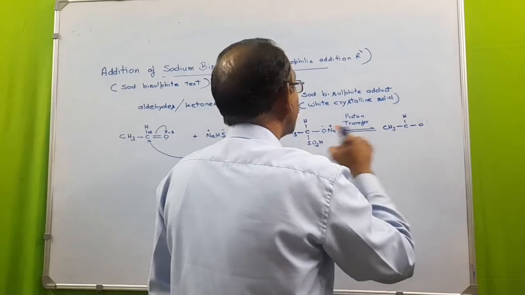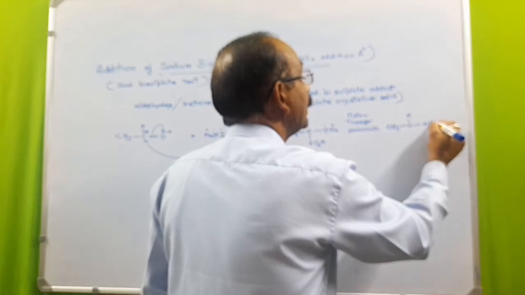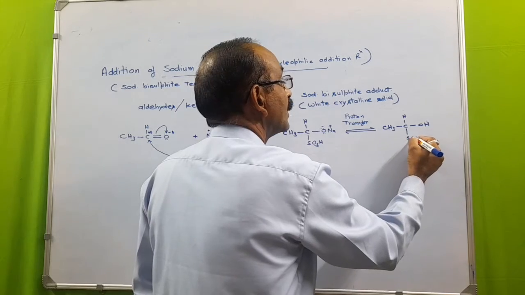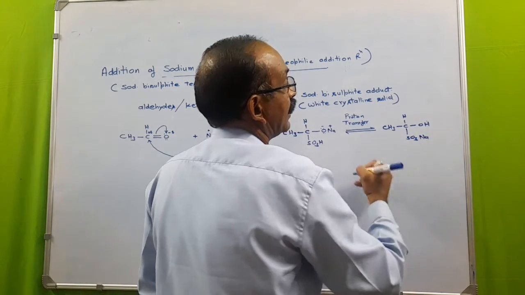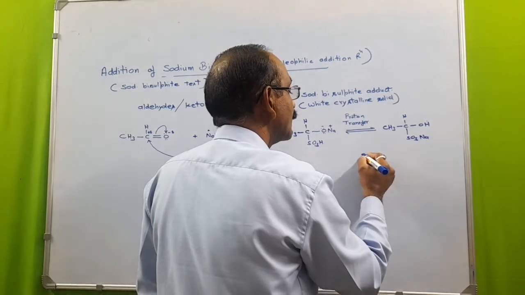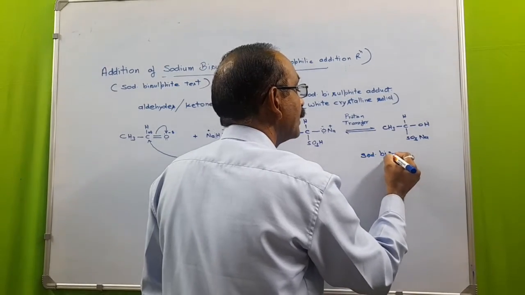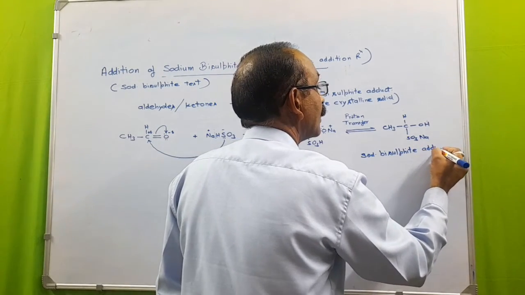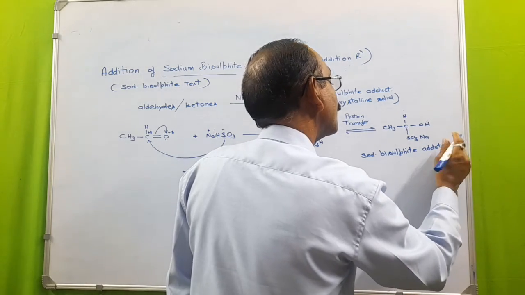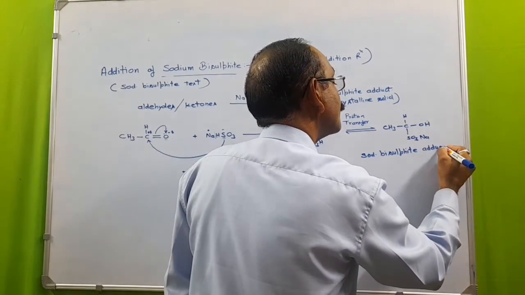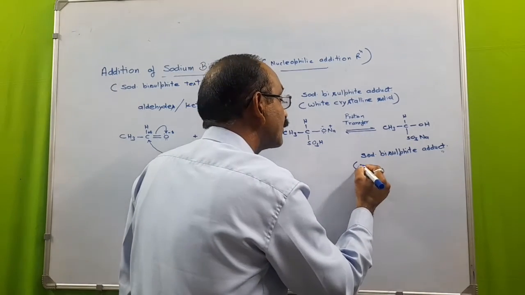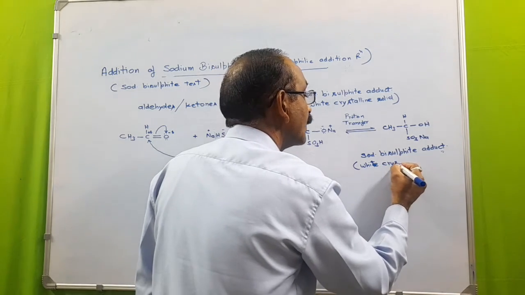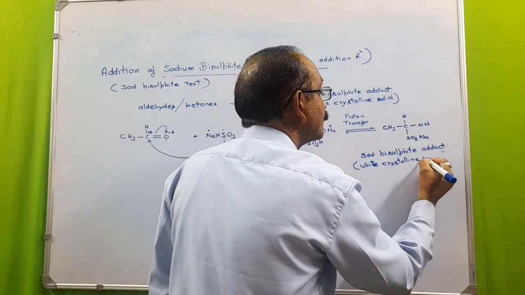Here now this Na plus ion will be exchanged by the proton, and here we will get SO3Na. This product is known as sodium bisulfite adduct, and it is a white crystalline solid.